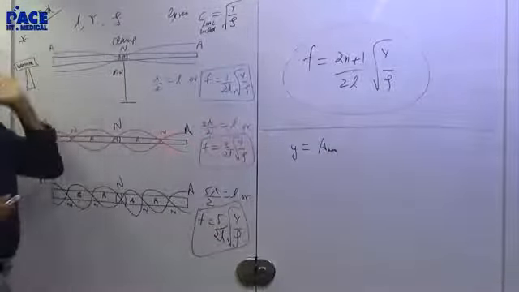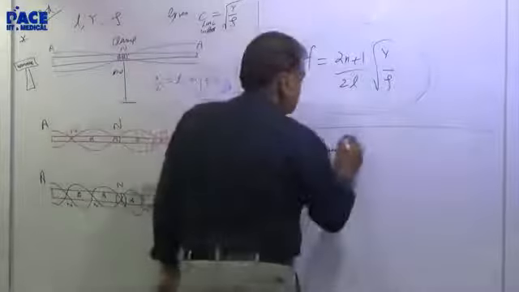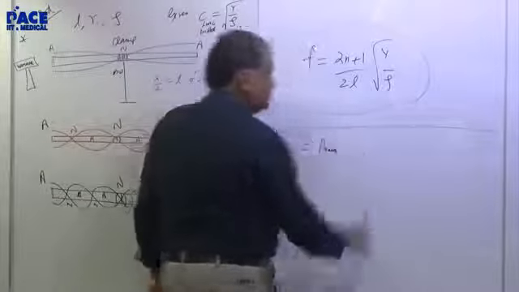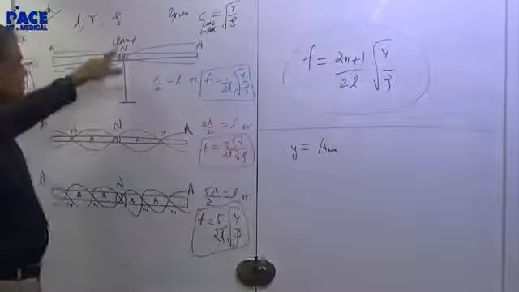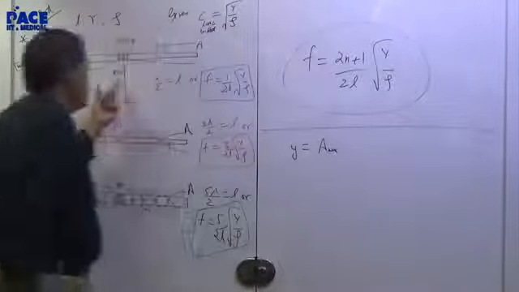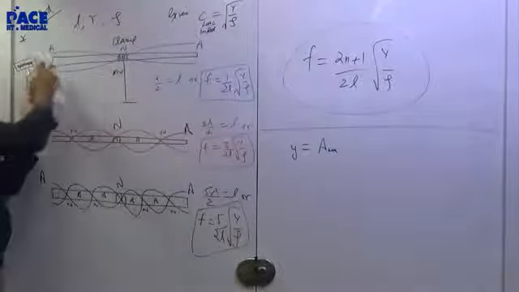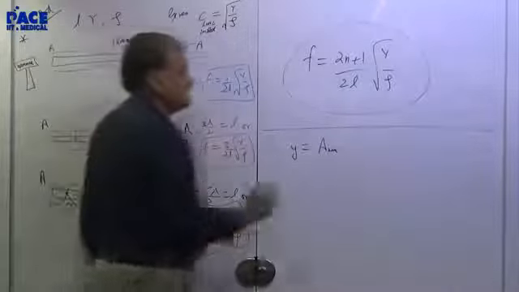Will it get compressed less or more? That will be A max, and will it be the spatial term? Will it be sin kx, cos kx, or something else? See, at x equal to 0 you have a node. If I take x equal to 0 here, that will be antinode, so I will write cos kx. Since I am taking it here, I will write sin kx.